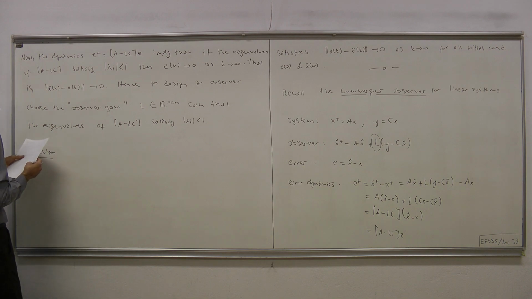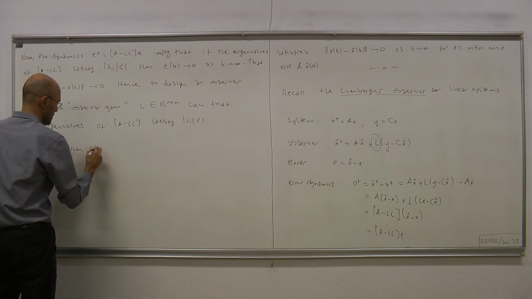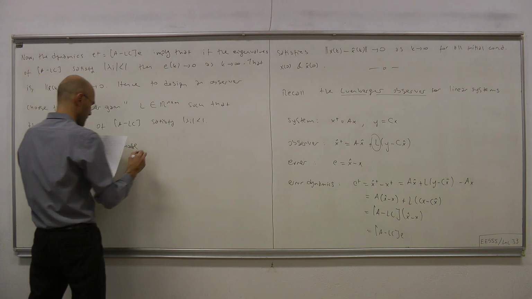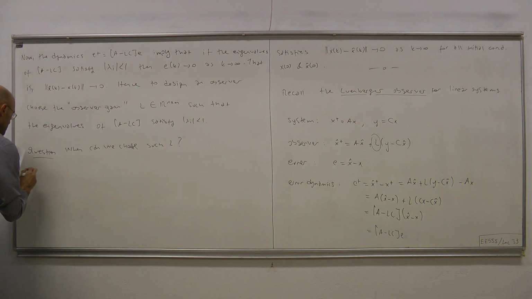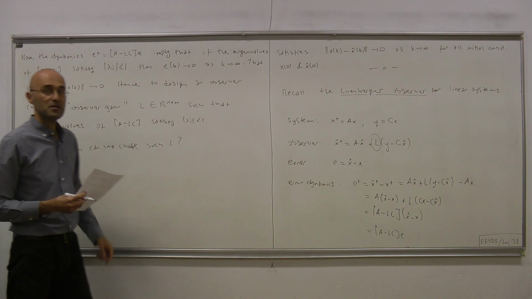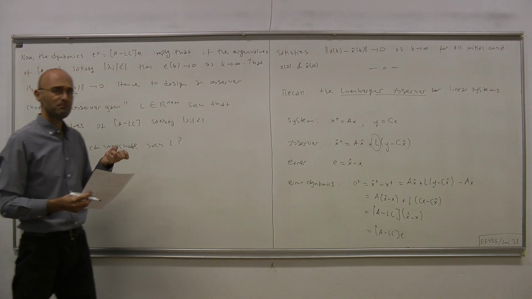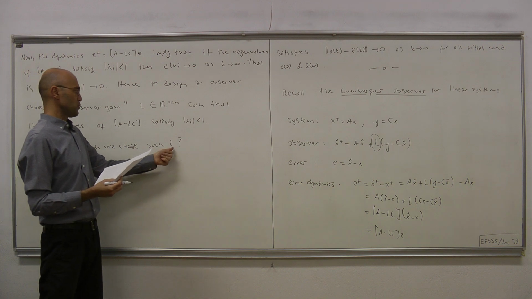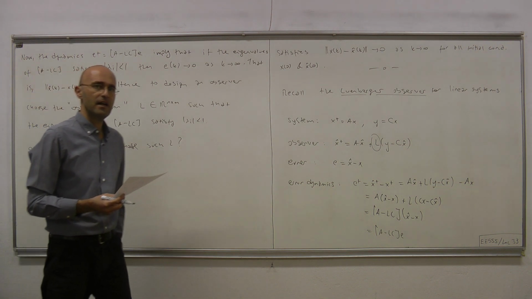Okay. So this is an important question. When can we choose such L? Okay. The answer is when the system is observable. In fact, even a weaker condition is sufficient for us to be able to choose such an L, and that weaker condition is studied under the name detectability.